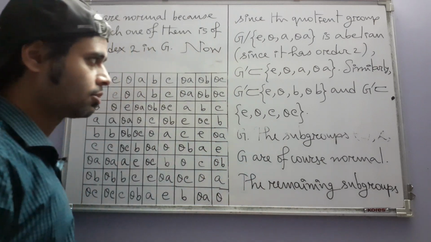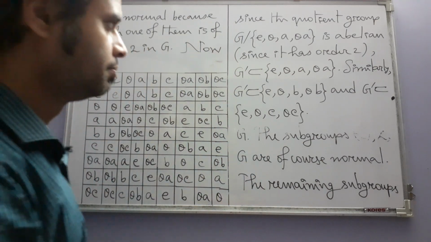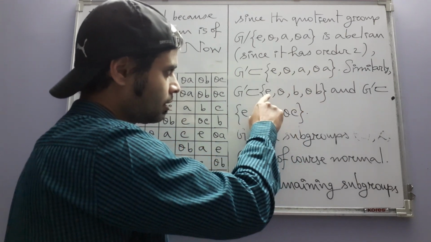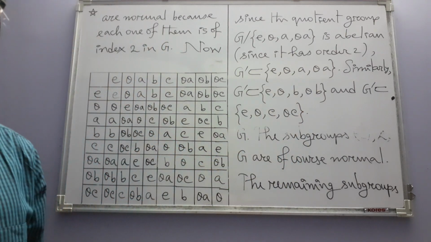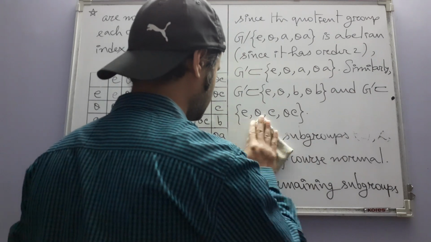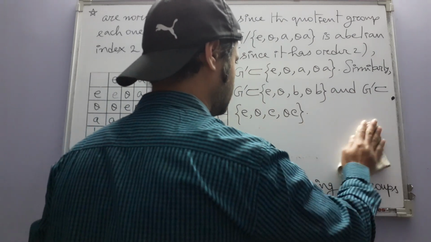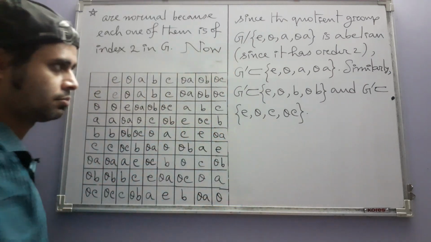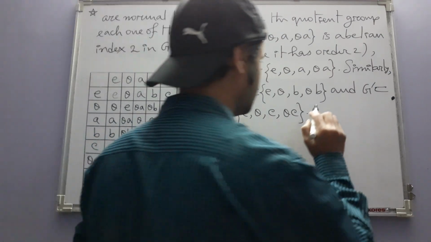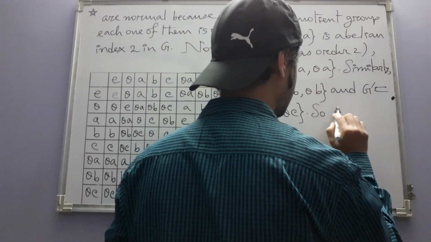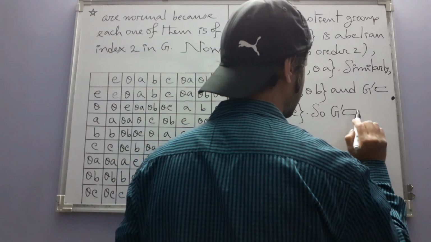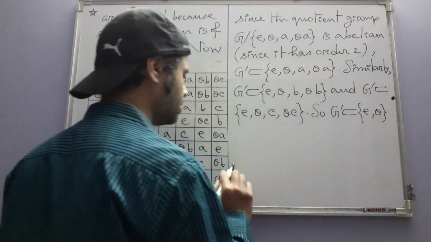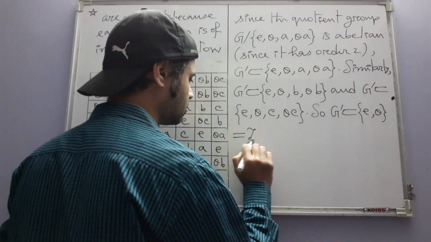That means G prime is contained in their intersection. Now the only common elements to all these three are E and theta. So G prime is contained in this subset, which actually is the center.